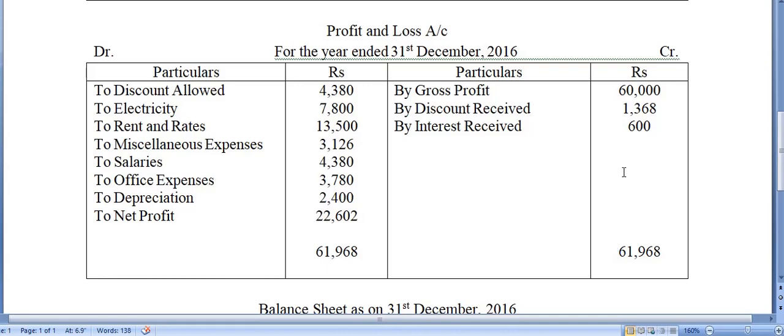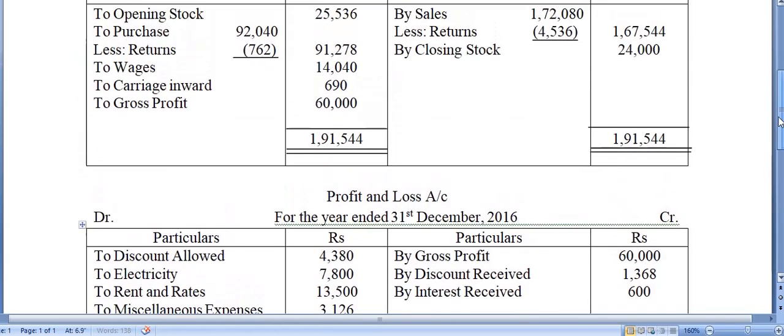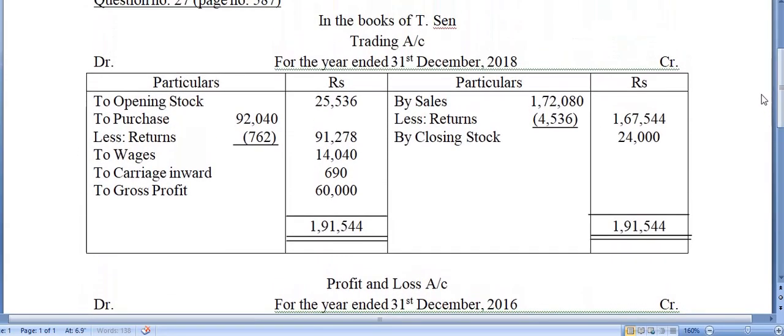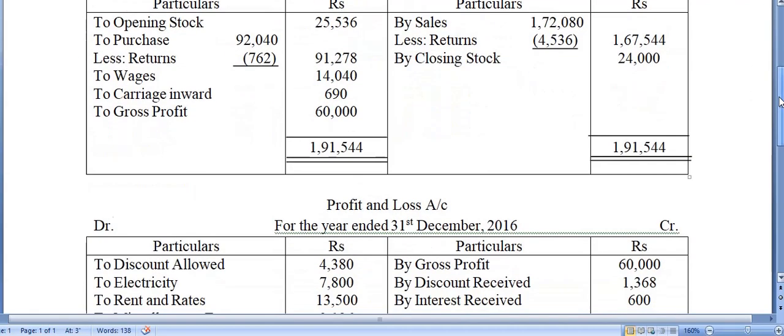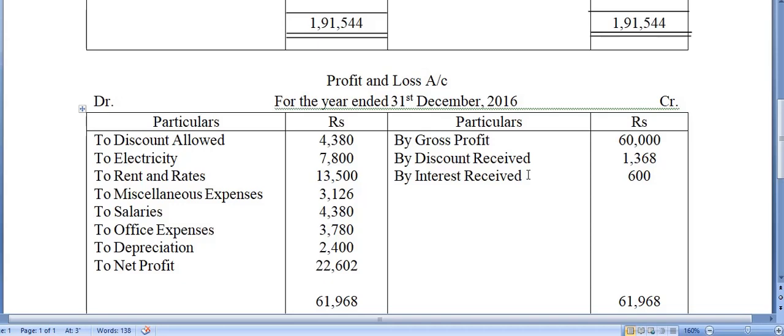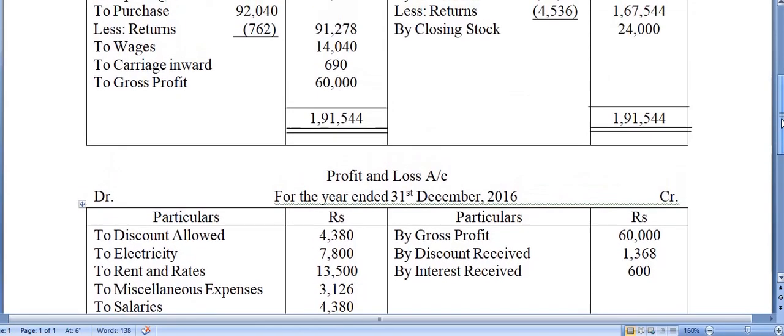But before the balance sheet, just have a look at this question once. That is a trial balance. In the trading account, we recorded direct income and direct expenses, and in the PL account, indirect incomes and indirect expenses, in their respective places, from the trial balance that is given.